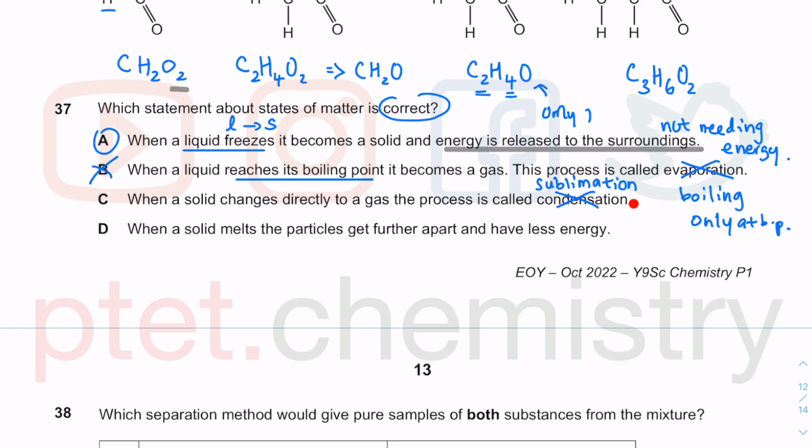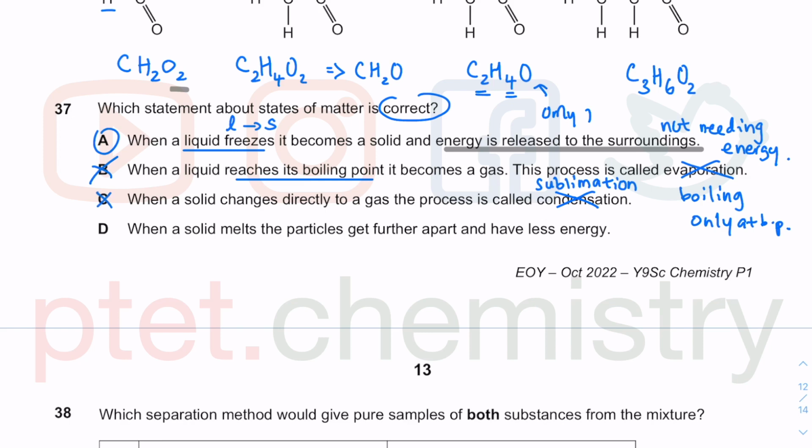You call it dry ice, and it will sublime all the way to carbon dioxide gas directly. That's what is present in some fire extinguishers. And you also have sublimation for iodine as a gray solid. It sublimes all the way to a purple gas directly if you heat solid iodine.